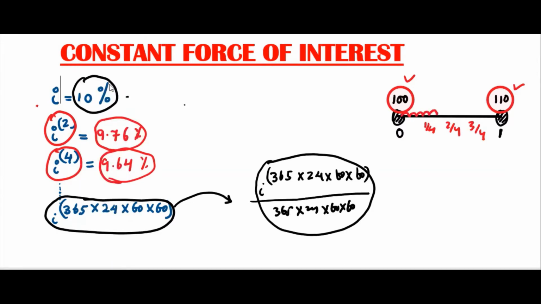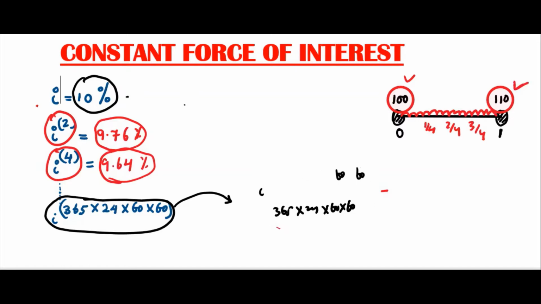So many times your money will be compounded. You can multiply 365, 24, 60 and 60. Still you get 110.